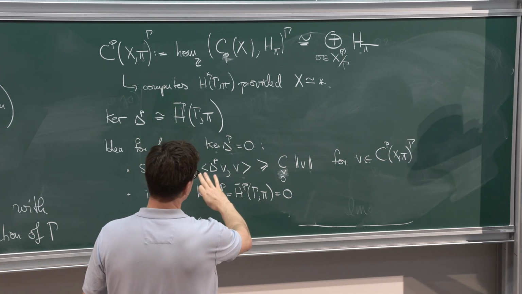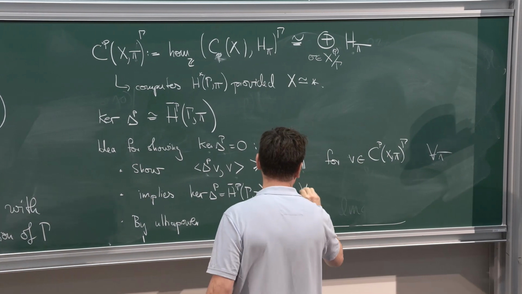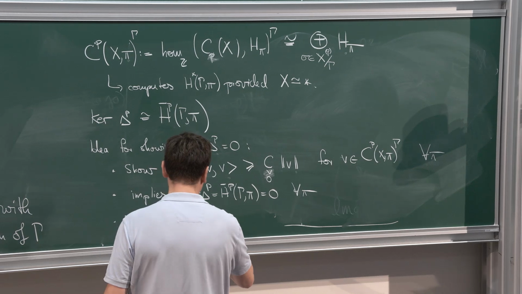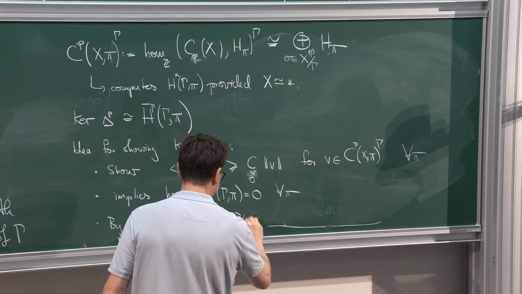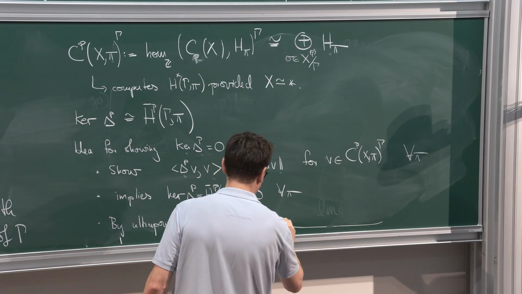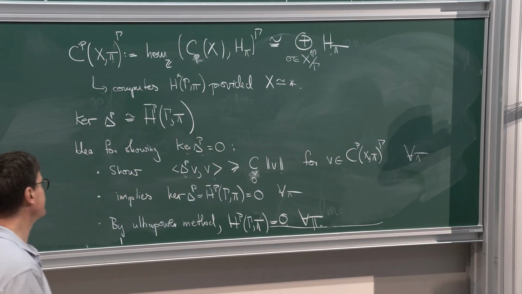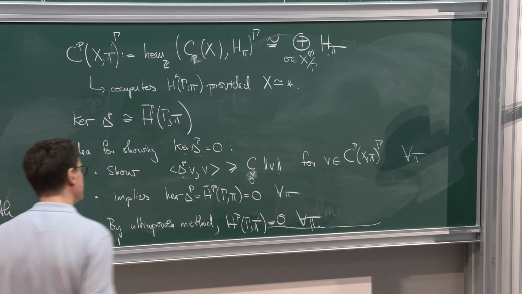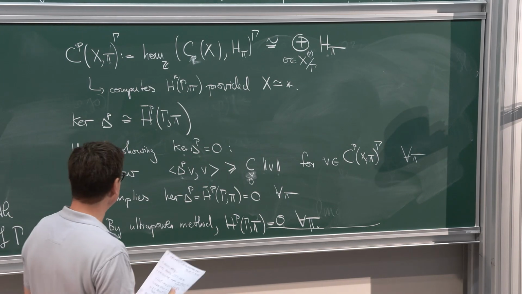and you try to do this for every p, I should say. And then by the ultra power method, you get also this for every p. And okay, the constant might depend on the p. Actually, it will not. So that's the very rough idea.